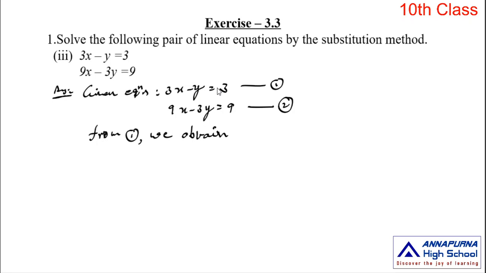So first I transpose this y term to the right side. So 3x is equal to 3 plus y, but I want x is equal to, but there is a coefficient of x, so transpose this 3 to the right side, then x is equal to 3 plus y by 3.